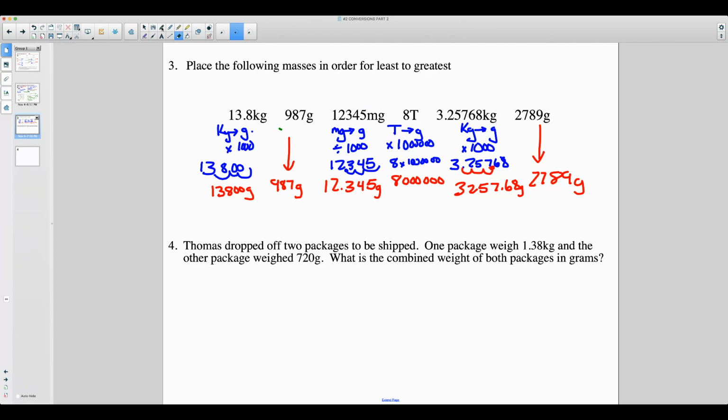And the reason being is that we are looking at 12.345 grams. So we would actually, this would be the smallest. So we have 12,345 milligrams is the smallest.